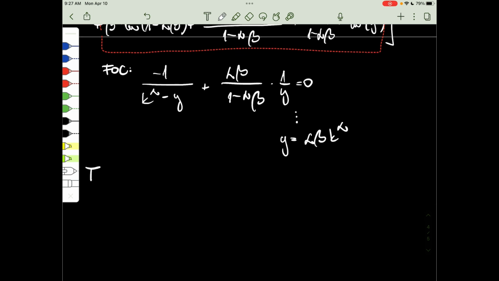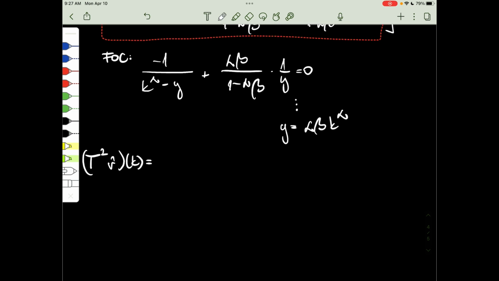So it doesn't take too much to write the explicit form of the second round of the iteration.